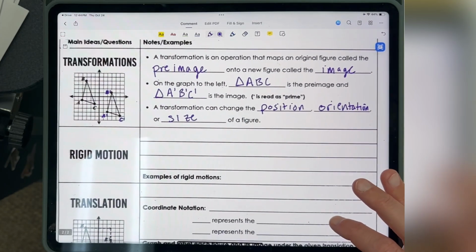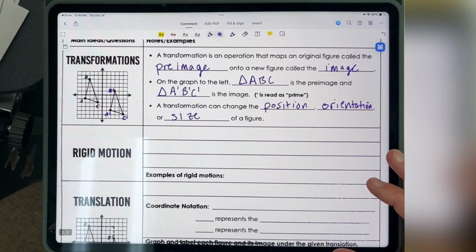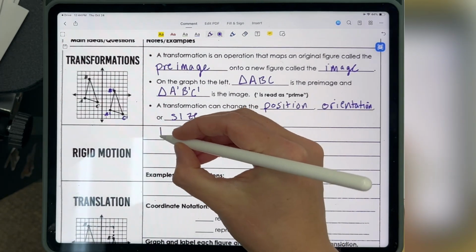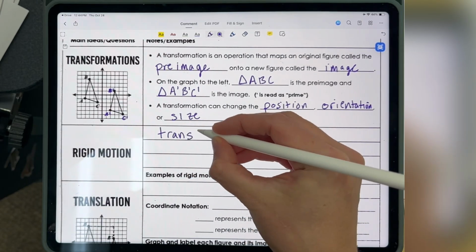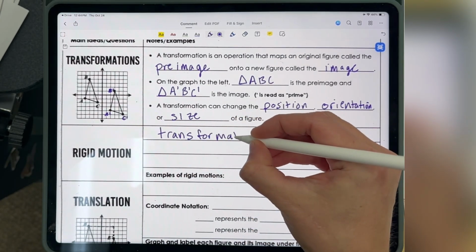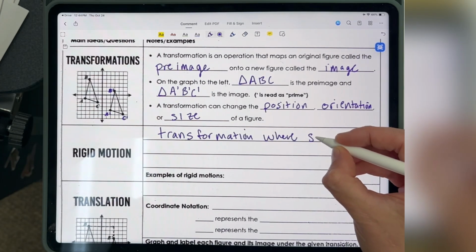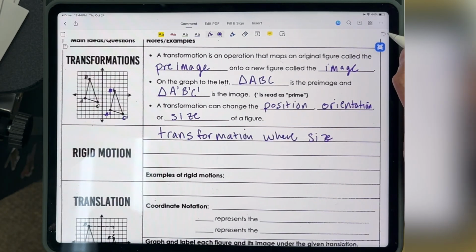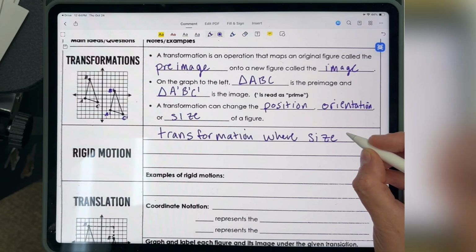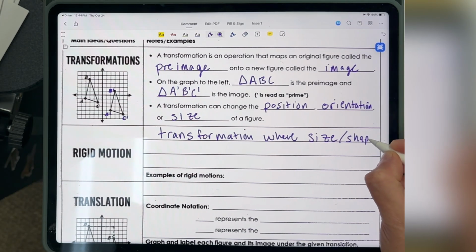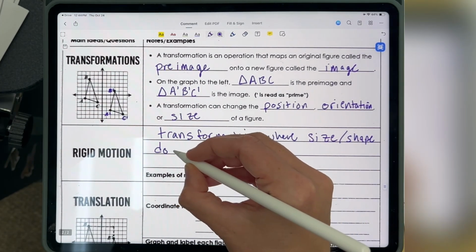A rigid motion is a transformation where the size and shape does not change. So, a transformation where size or shape does not change.